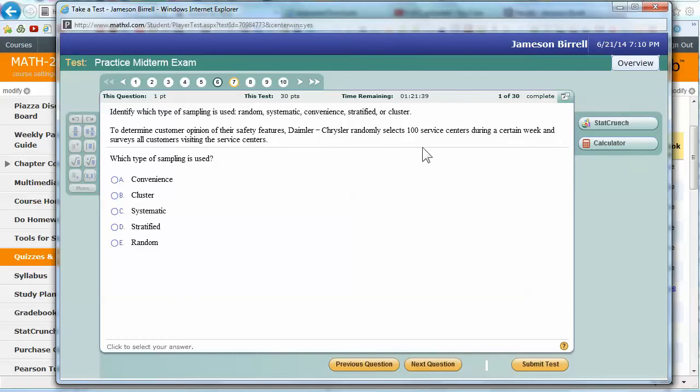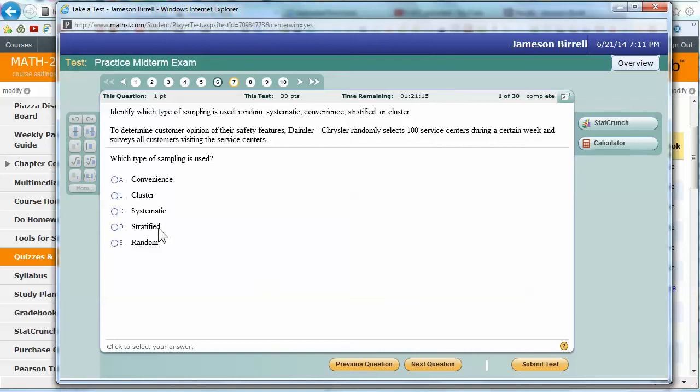Okay, so weeks are natural clusters or stratifications of the year, right? And they select 100 service centers during certain weeks, and they survey all of them. So let's see, it's going to be either cluster or stratified.